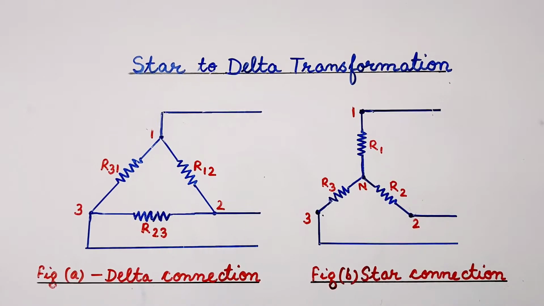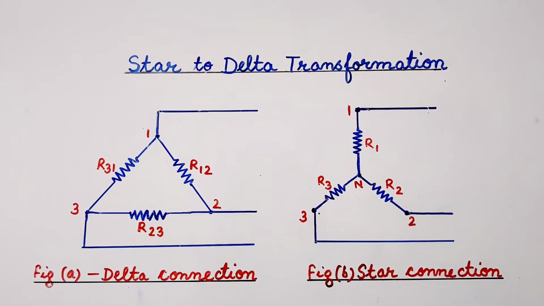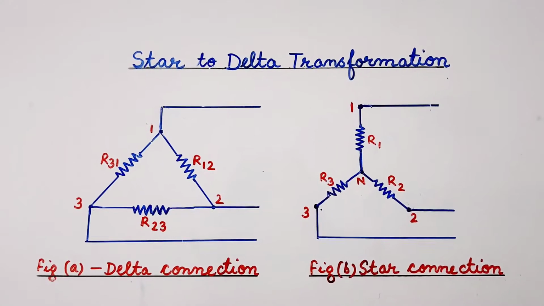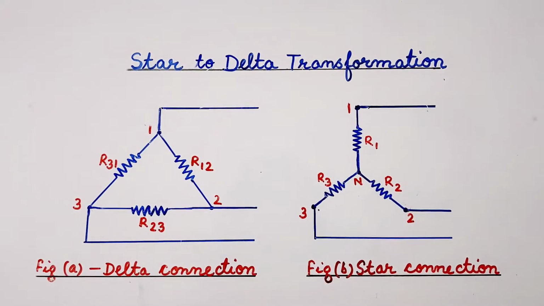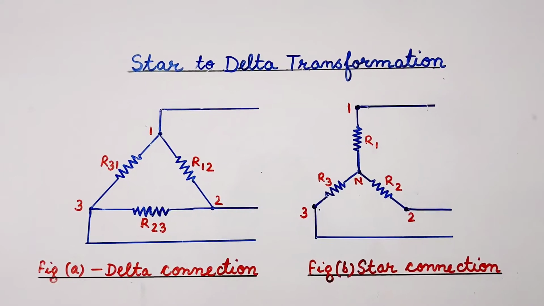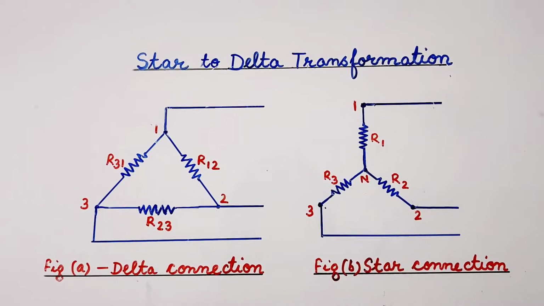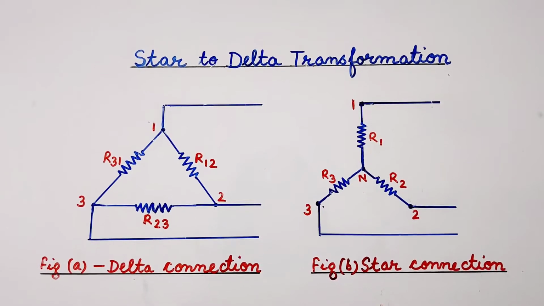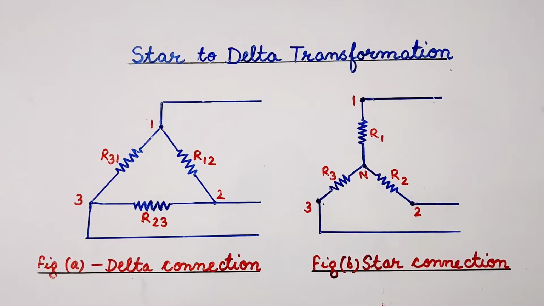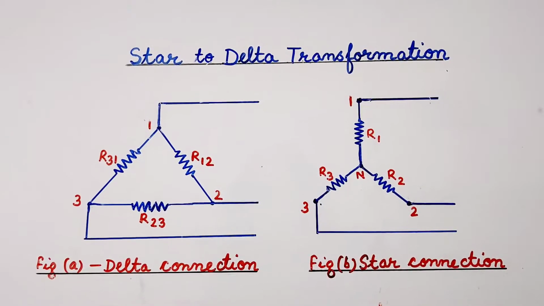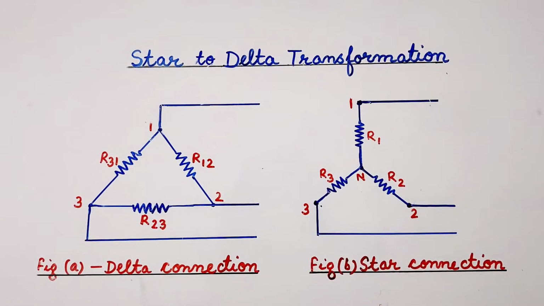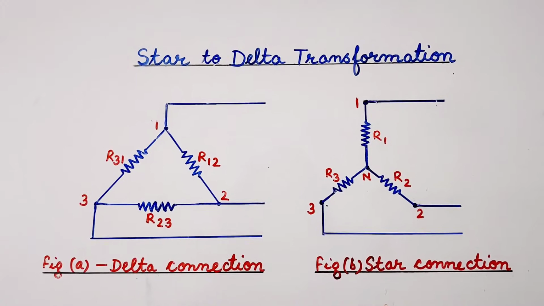Hello everyone. In today's lecture we will discuss star to delta transformation. In the previous lecture we discussed the delta to star transformation, in which we discussed that if we are given any network having a considerable number of branches, then solving such networks with the application of Kirchhoff's current law and Kirchhoff's voltage law leads to difficulty because of the large number of simultaneous equations which have to be solved.